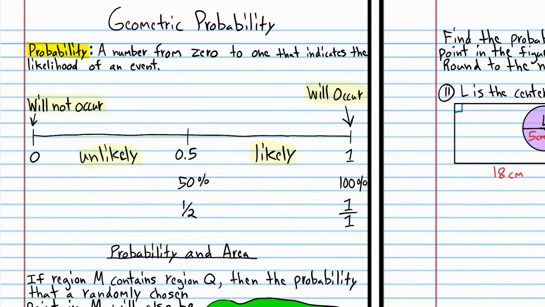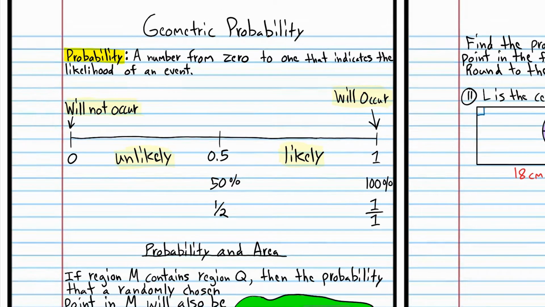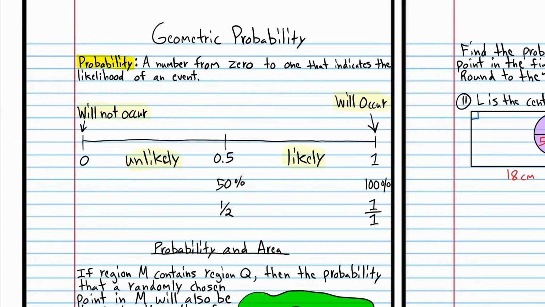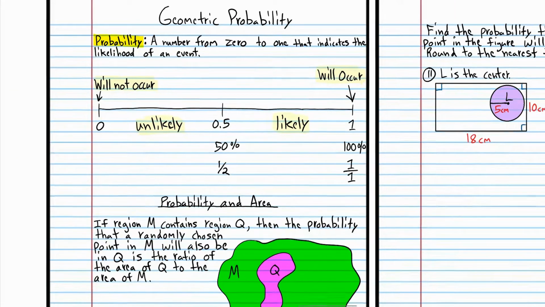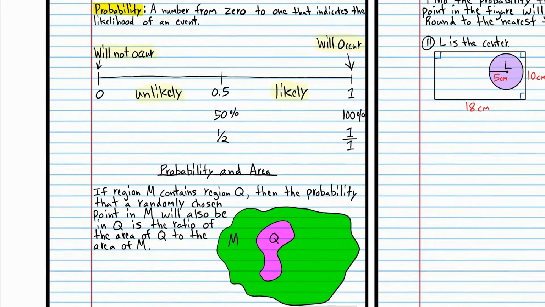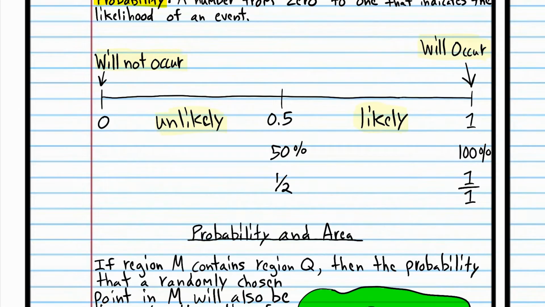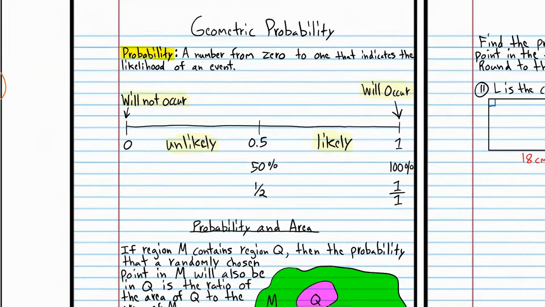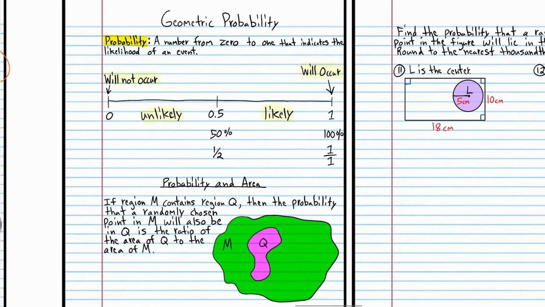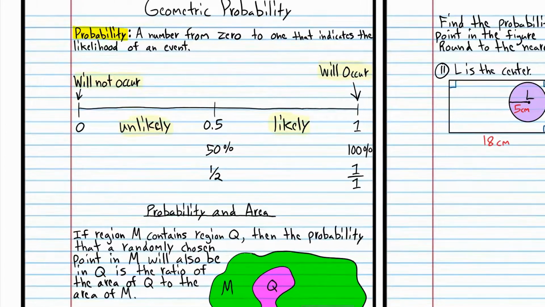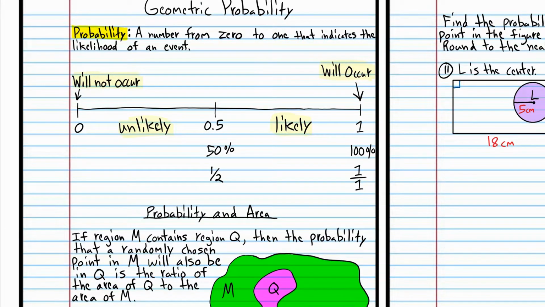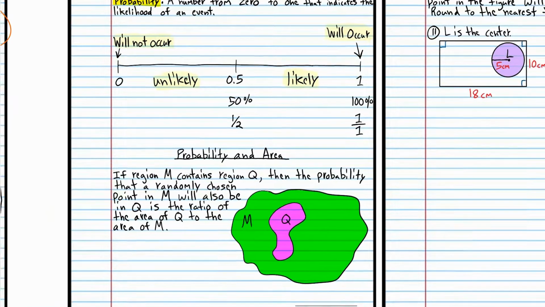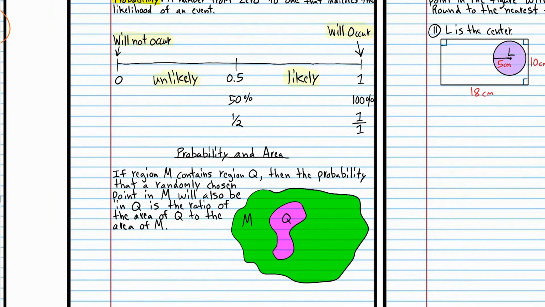Or you might say, well, I'm definitely going to go to a concert. And you're absolutely sure you're going to go. So it's a 100% chance that you're going to go. And if you know that you're not going to go, if you're absolutely sure you're not going to go, that means it's a 0% chance that you're going to go. So that's what probability means. Now that's kind of unlikely because there's always a chance that you might go somewhere or something. So in reality, it will be close to 0, but not actually 0.